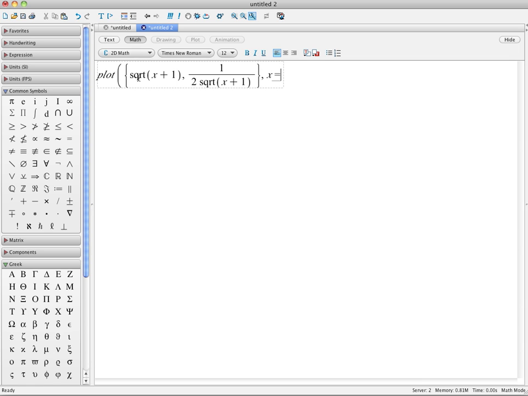And I'm going to let x go from -1 to, I think 5 should be plenty. We may need to adjust that a little bit. Y, I'm going to go from -1 to 5, or let's do 6. Somewhere in there should be fine. And I'm going to make this a little bit thicker.